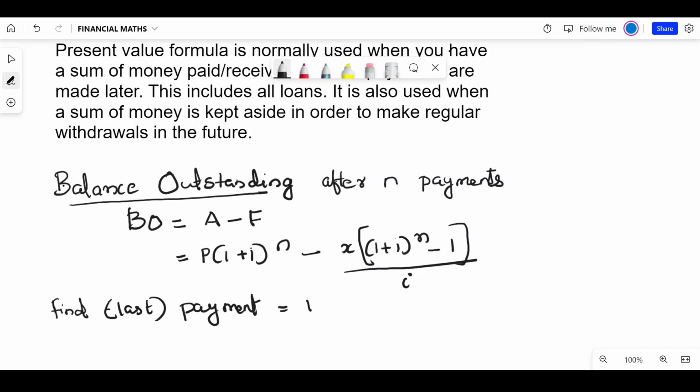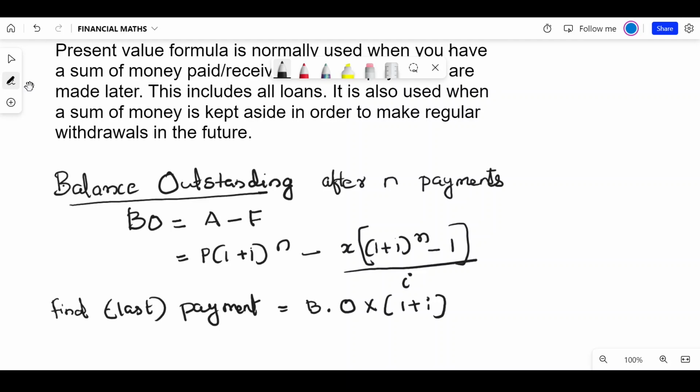To find the final or last payment, you find the outstanding balance, multiply it by 1 plus the monthly interest rate to the power 1. I am not writing the 1 here. This simply means 1 month interest rate. This is how you find the last payment. So these are all the notes that you need to make before we use the formula.